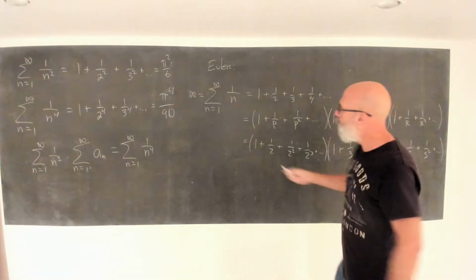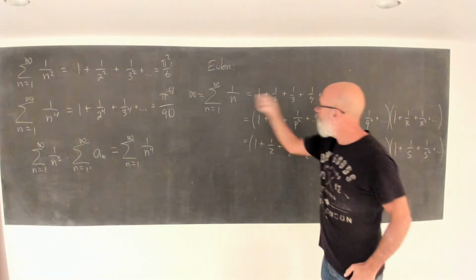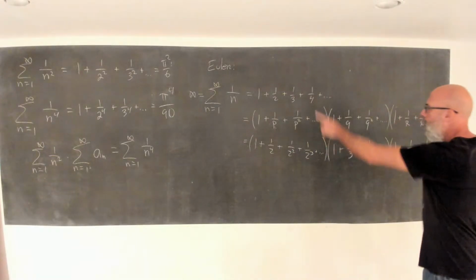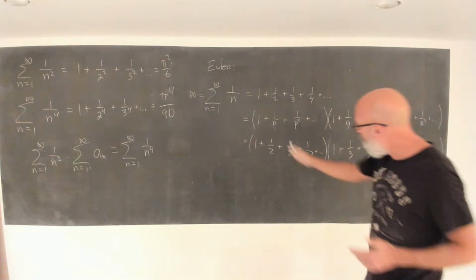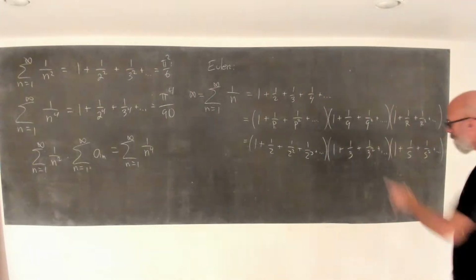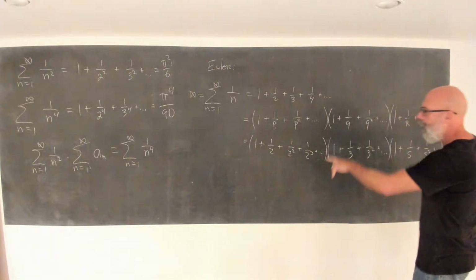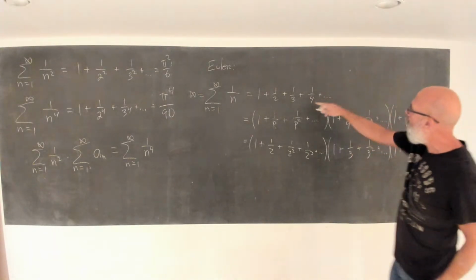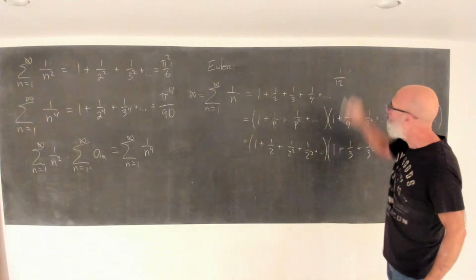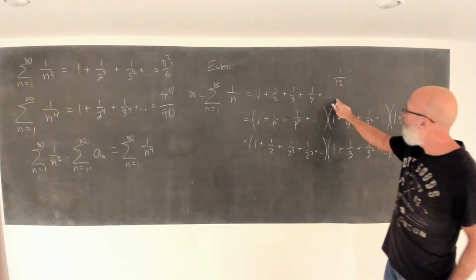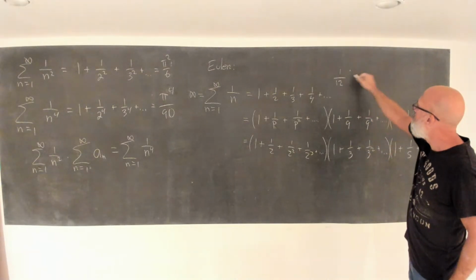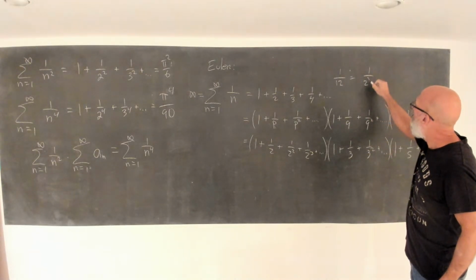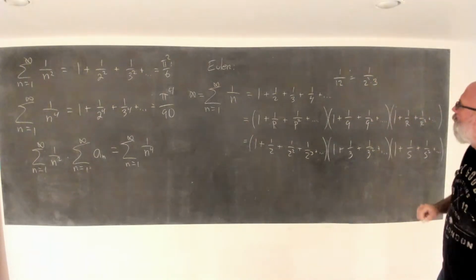His observation was that every natural number is a unique product of primes. So if I have all the powers of each prime, then I can build any number I want, right? So if you're looking at 1 over 12, which comes a bit later in this sum here, 12 is 2 squared times 3.